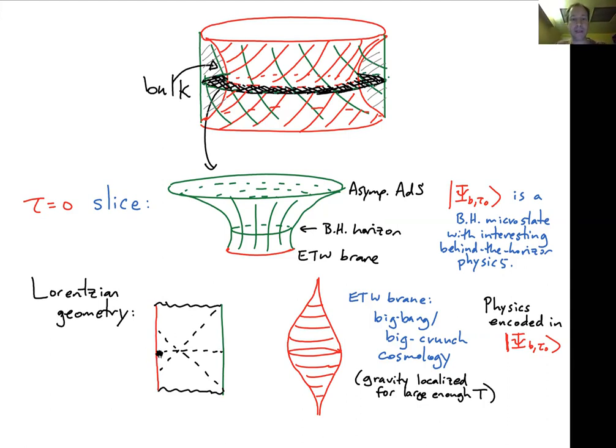And I guess there are many possibilities for that. If you push this brane further and further out, then what you're getting behind the horizon is, as it goes further and further out, almost an entire AdS space again with a cutoff.